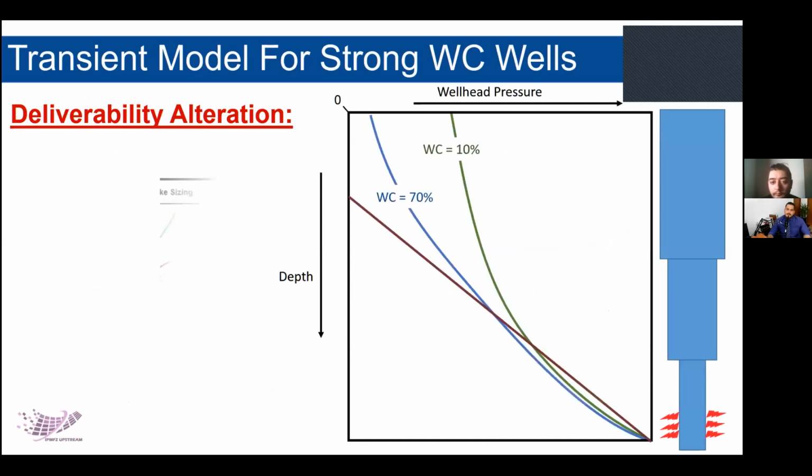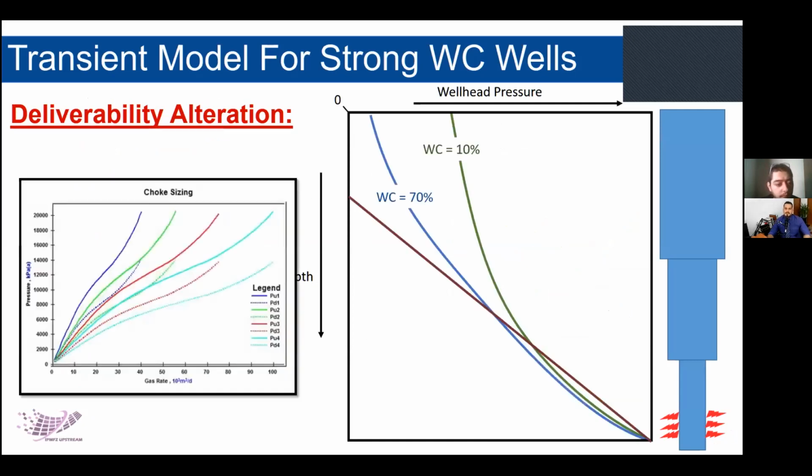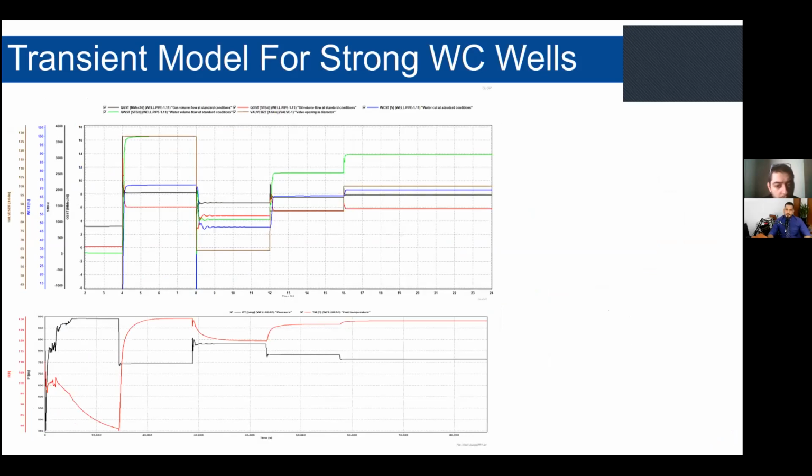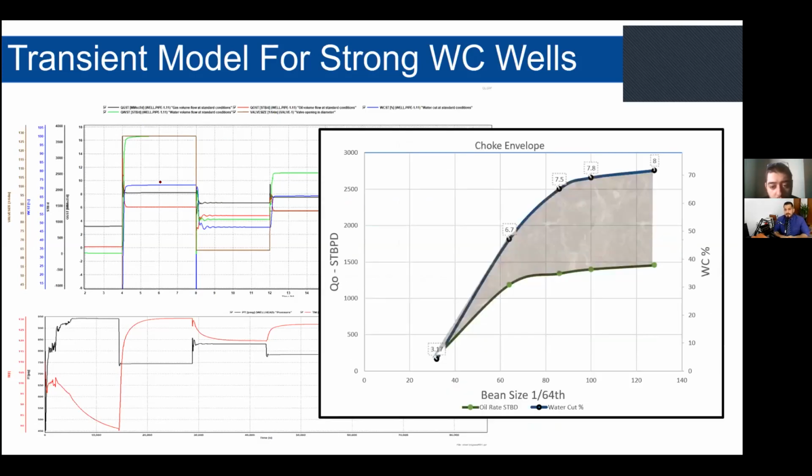So this is the final model we have from Olga. We can see with different choke sizes, we get different responses of water cut, and let me tell you, it's not linear. Whenever I see a linear relationship, especially related to the reservoir, I am not happy. So I extracted the most important information and created this choke envelope chart. It comprises two curves.